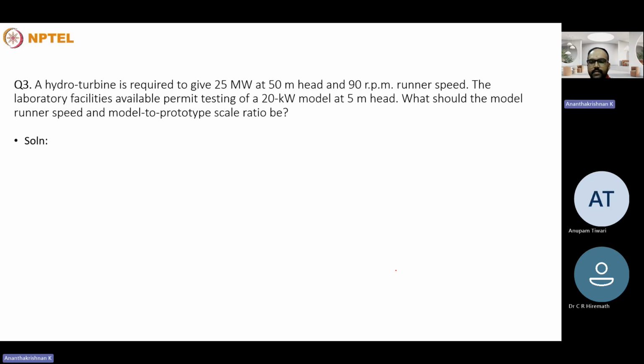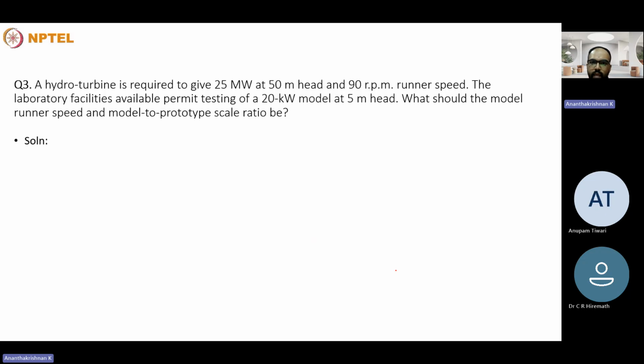Yes, I'm asking what should be the dimensionless parameter that should be used to compare the prototype and model, so that an equivalent comparison can be made to identify some parameters that are not available for either prototype or model. You can't actually do the testing for all types of prototype in similar environmental conditions.